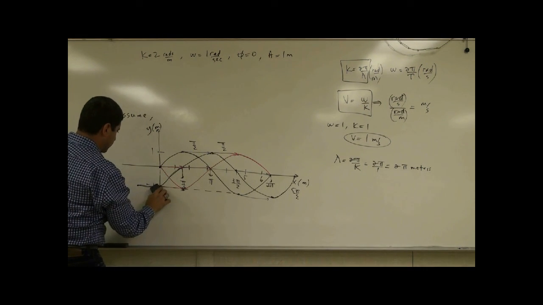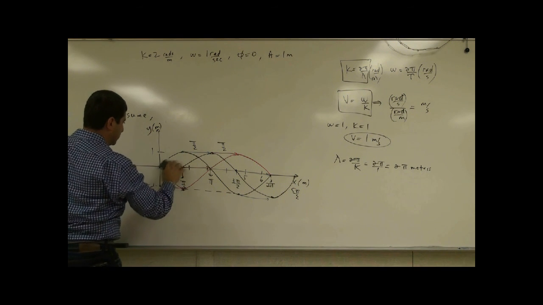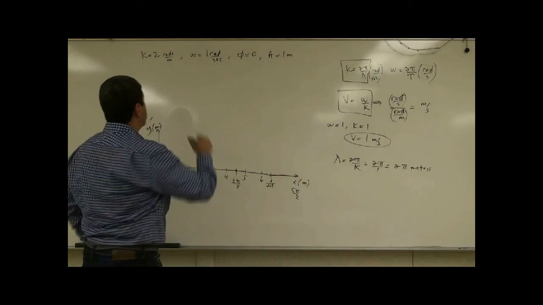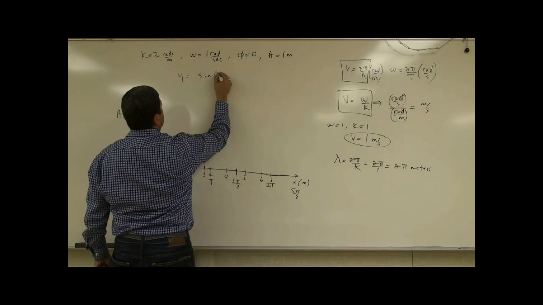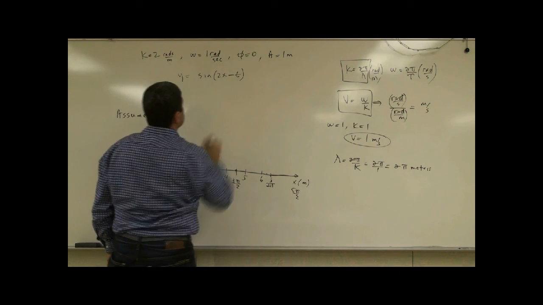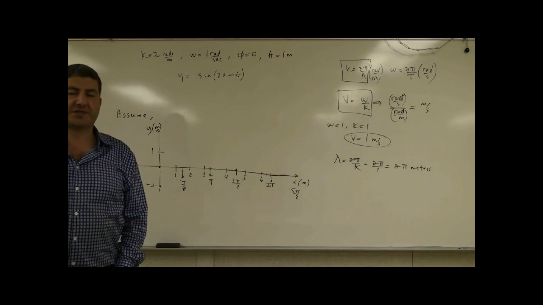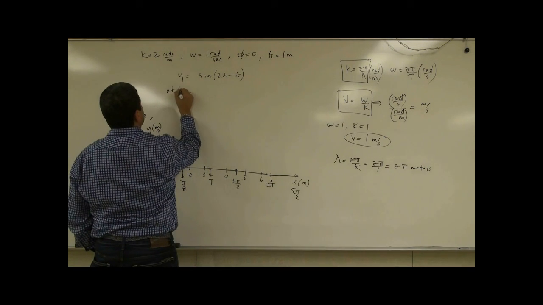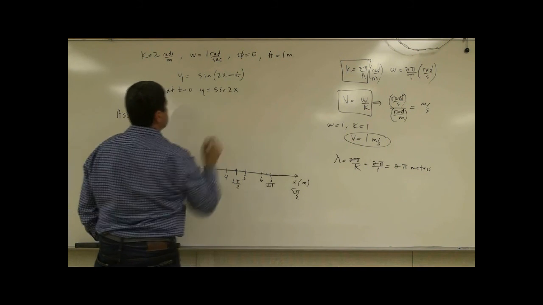Just to keep it simple, let's erase this here and do it right on the same graph. Draw our general equation. Y is going to be sine of 2x minus, and since omega is 1, t, right? What is this wave going to look like at different snapshots? So let's choose t is 0. At t equals 0, y is going to be sine of 2x.